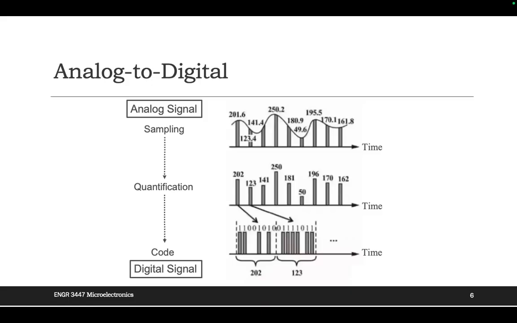And then the first step is sampling. What does sampling mean? Do you remember? Does anyone tell me what sampling is? When you sample, you get one output, just one at that specific time.